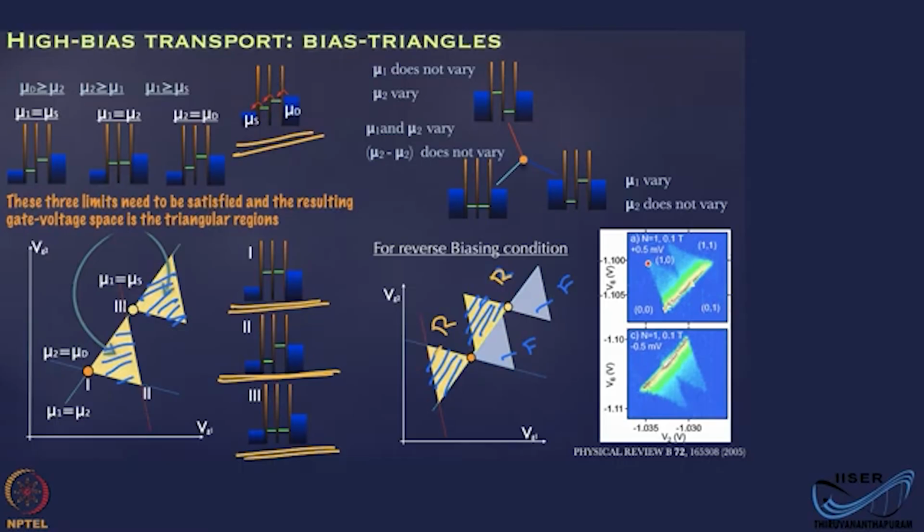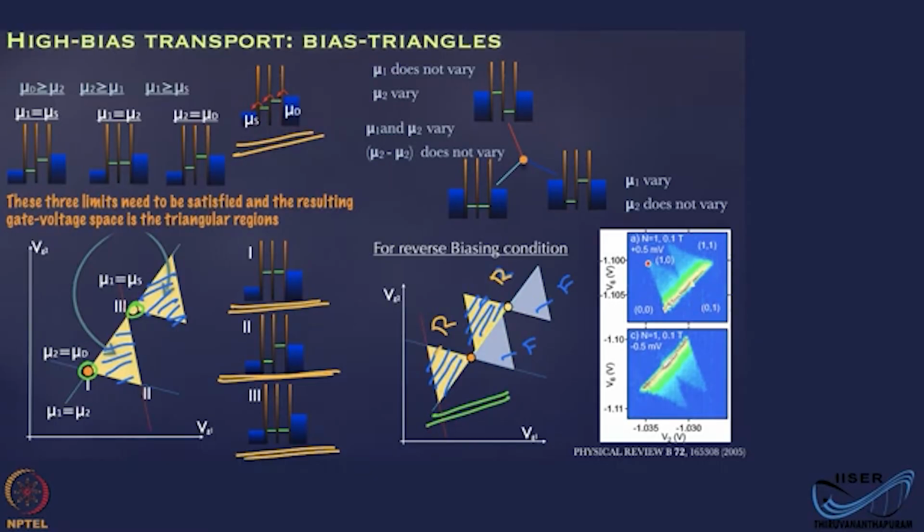All right. So this is the physics of the bias triangle. The summary: when you apply bias, you get triangular regions of no current. These points which you had no current initially when you had zero bias expand into triangular regions. Okay, and this diagram represents the relative orientation of this triangle.